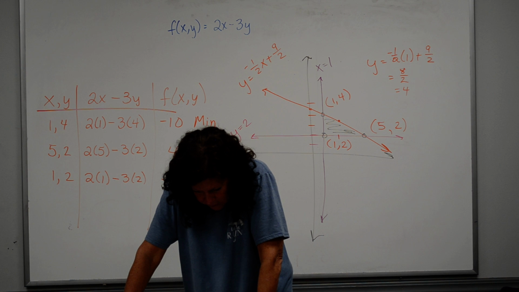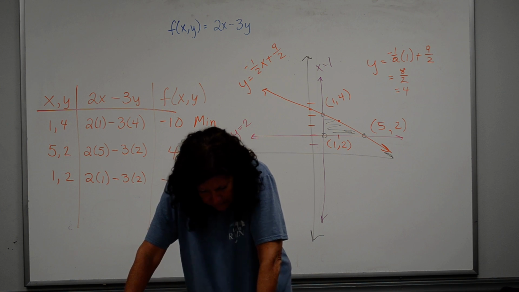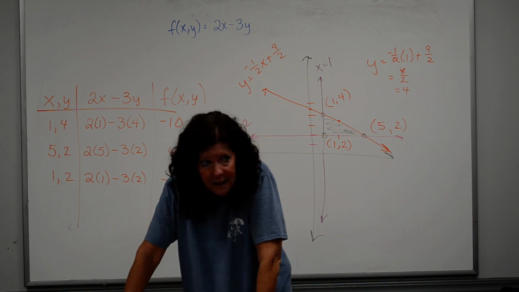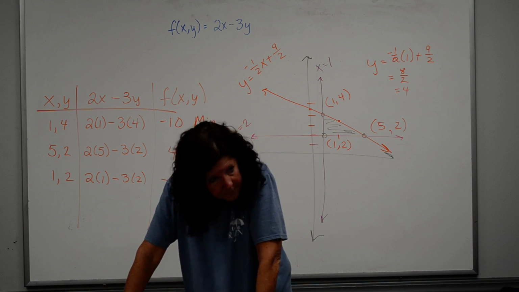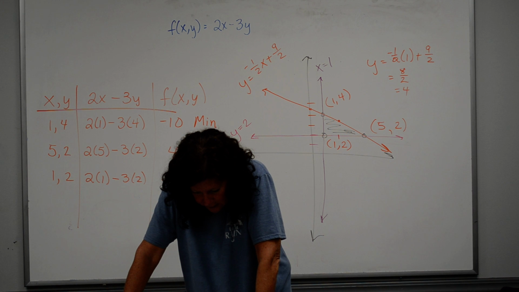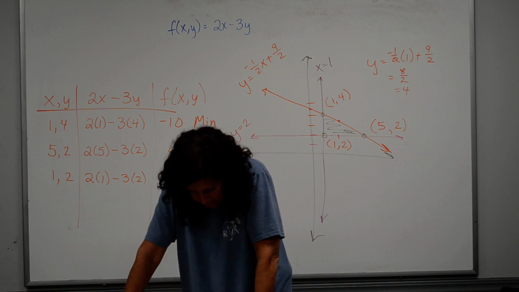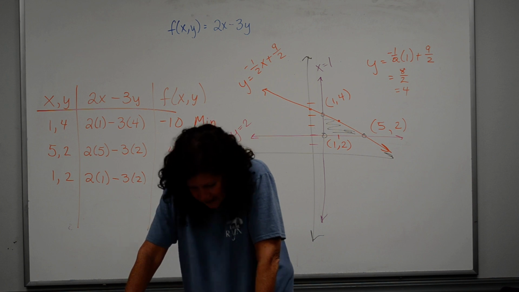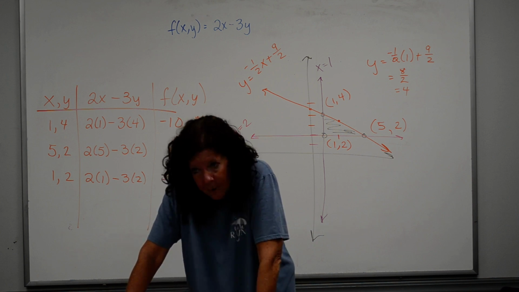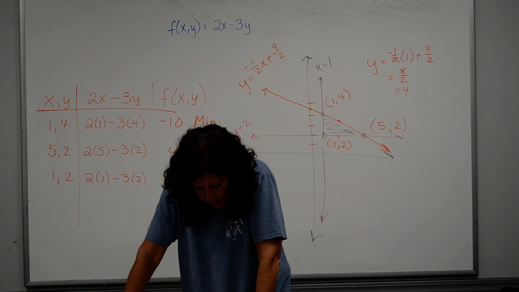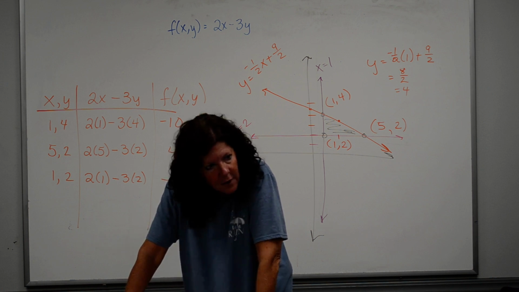If you scan on down, you have the little chart at the bottom. See where they plugged in the vertices? Then what's your maximum profit? 36,000. If he wanted to maximize his profit, he would plant 1,200 acres of just corn.